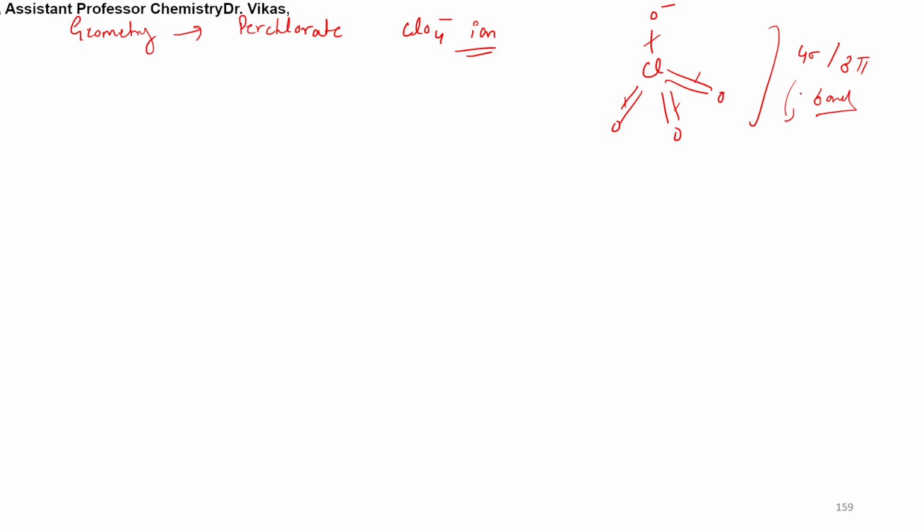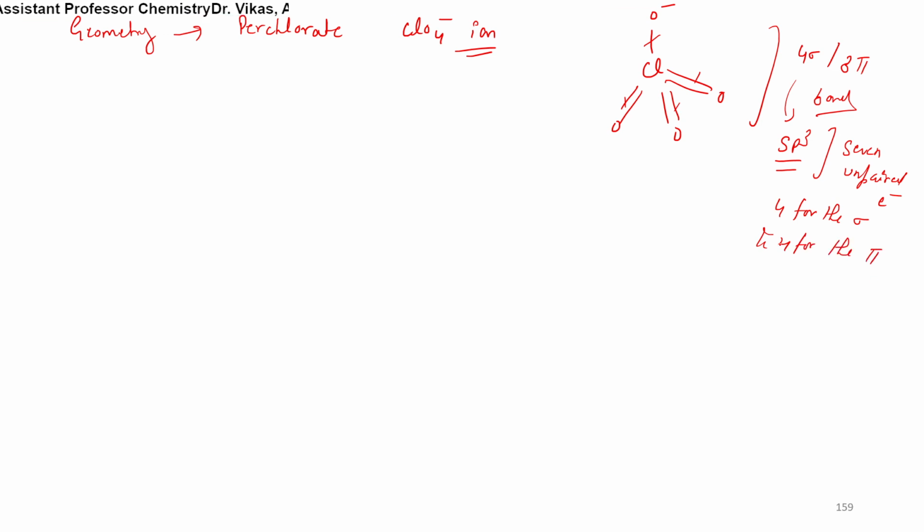That means 4 sigma bonds, so sp3 hybridization, and in total we need 7 unpaired electrons: 4 for the sigma bonds and 3 for the pi bonds.